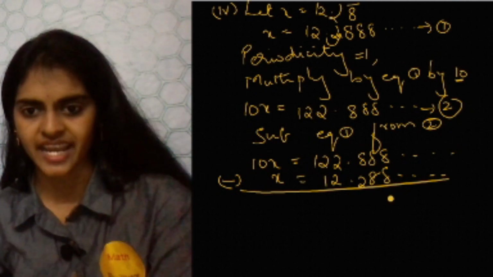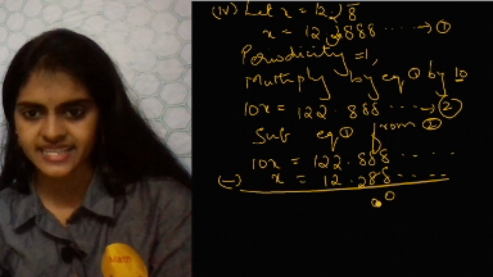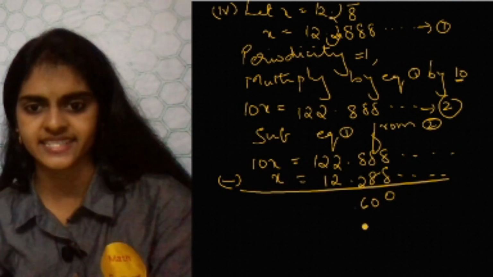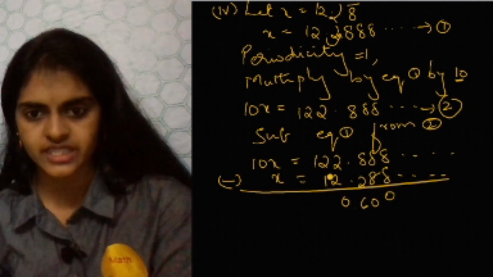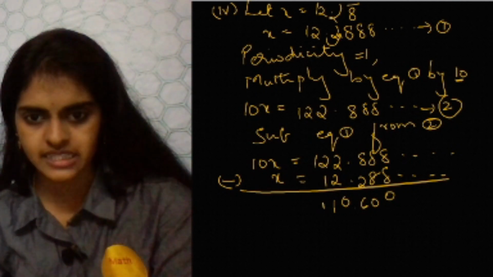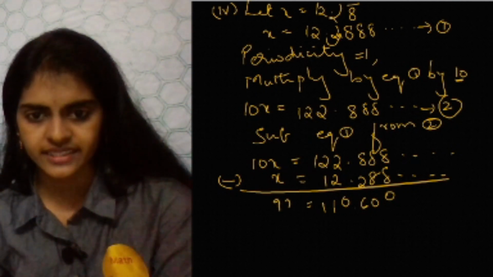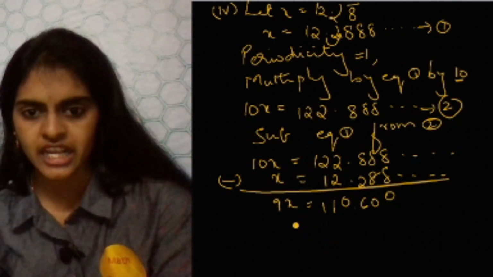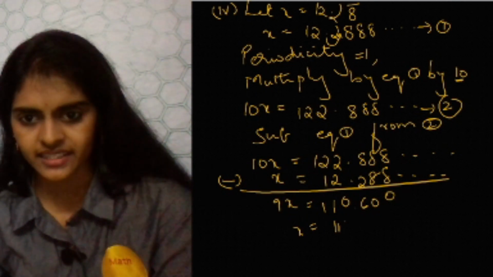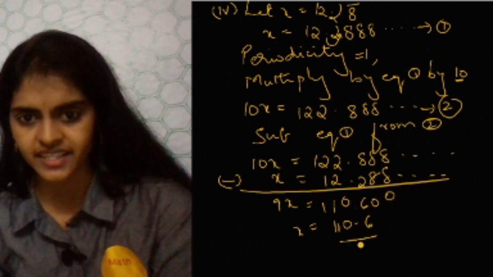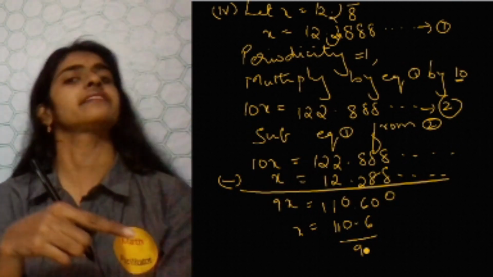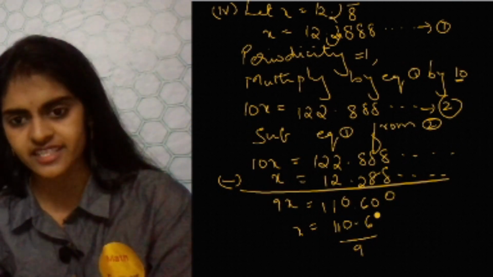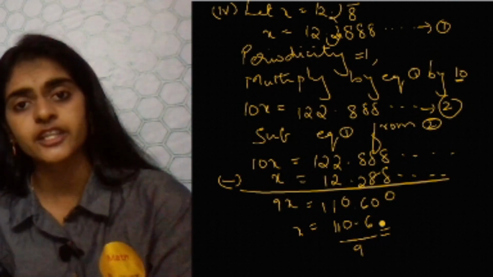So let us do it now. 8 minus 8 is 0, 8 minus 8 is 0, 8 minus 2 is 6. 2 minus 2 is 0, 2 minus 1 is 1, and this 1 is equal to 10x minus x, which is 9x. So what is x? x is 110.6 divided by 9. Now like in the previous problem, here you have a decimal, so how will you convert it into a rational?